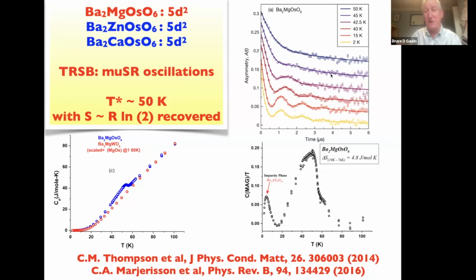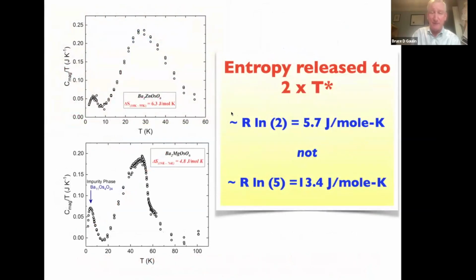And you can see that in the top left as the appearance of these oscillations below about 20 Kelvin. So at first, this looked very much like a traditional antiferromagnet.